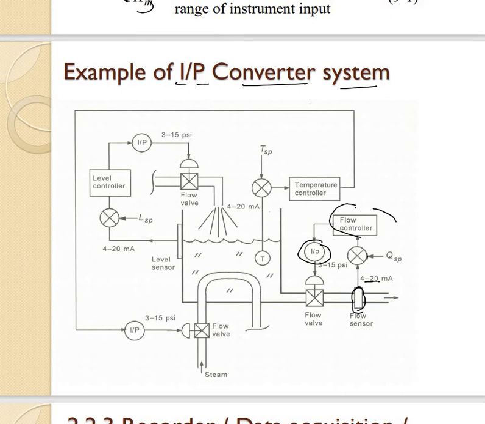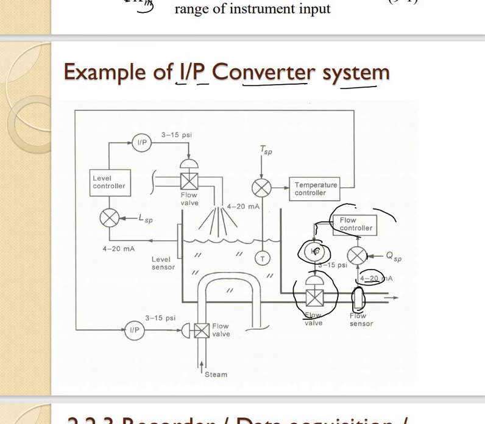From the binary numbers inside the controller, it will be converted back into an electrical signal. This electrical signal cannot be read by the flow valve. That's why we need to convert that current to pressure, so that the valve will be manipulated based on the change of the pressure.